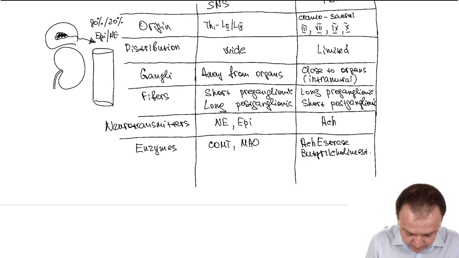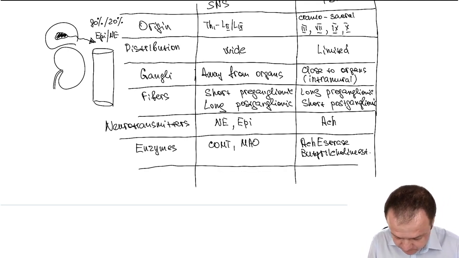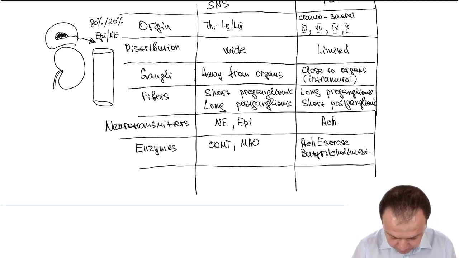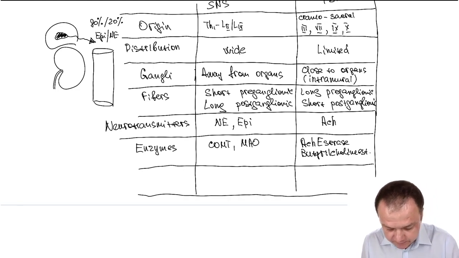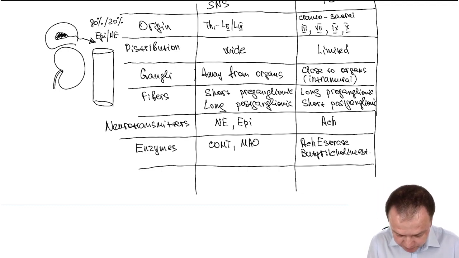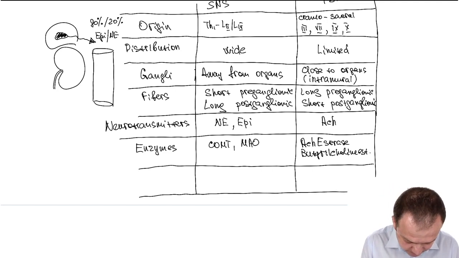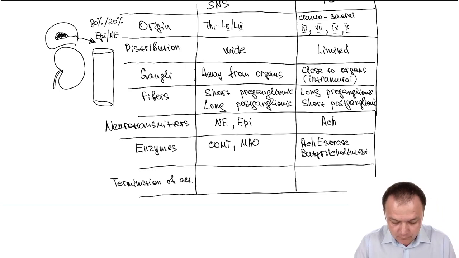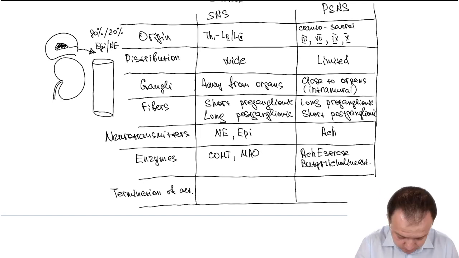Please do not think that these enzymes are 100% responsible for degradation, but rather for termination of action of these neurotransmitters. The major mechanism of termination of action for adrenergic synapses is reuptake.